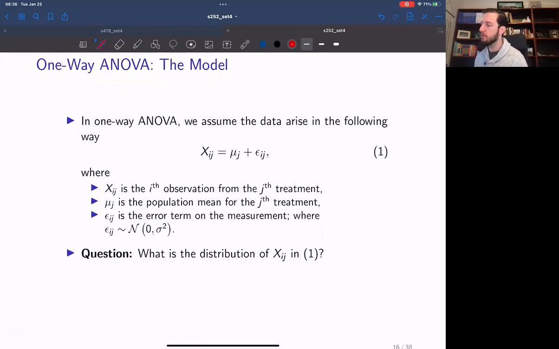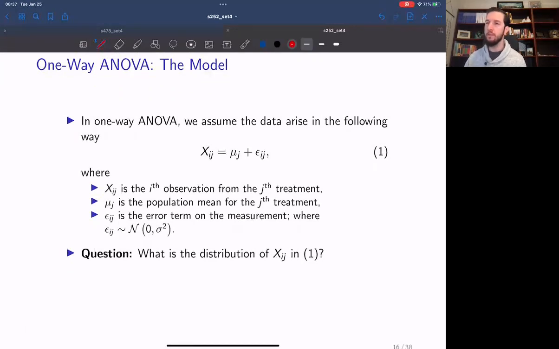Okay, so in this model, we assume that the data have the following formula. So we're saying every value in the population is equal to its population mean plus epsilon ij, where the epsilon ij is a normally distributed error.